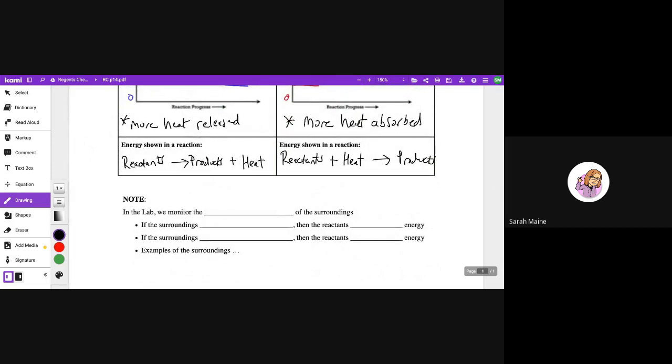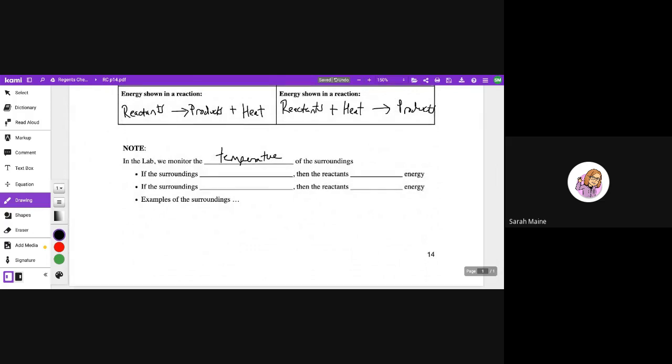When we collect lab data, we actually monitor the temperature of the surroundings. So we monitor what happens to the surroundings. Our best example of the surroundings is going to be the air. Does the air seem to get warmer or cooler? Water.